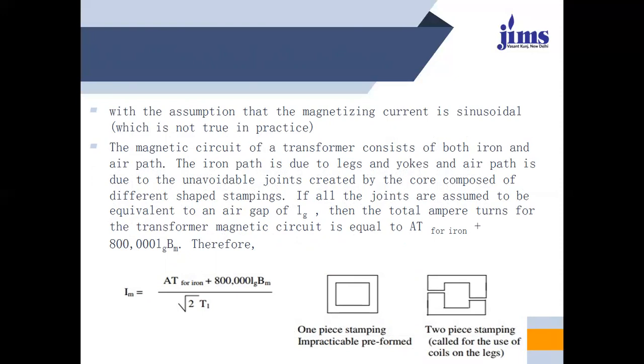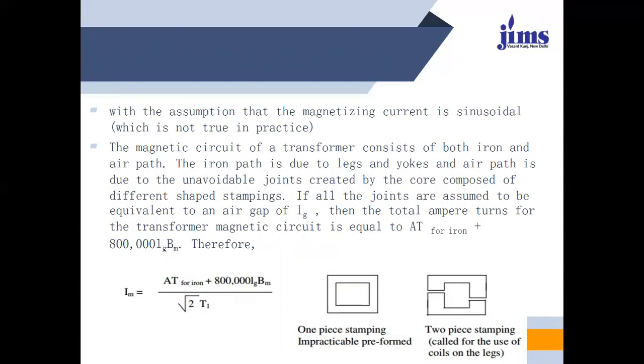The magnetic circuit of a transformer consists of both iron and air path. The iron path is due to limbs and yokes, and the air path is due to the unavoidable joints created by the core composed of different shaped stampings. If all the joints are assumed to be equivalent to an air gap of lg, then the total ampere turns for the transformer magnetic circuit is equal to ampere turns for iron plus 8 lakh times lg Bm.